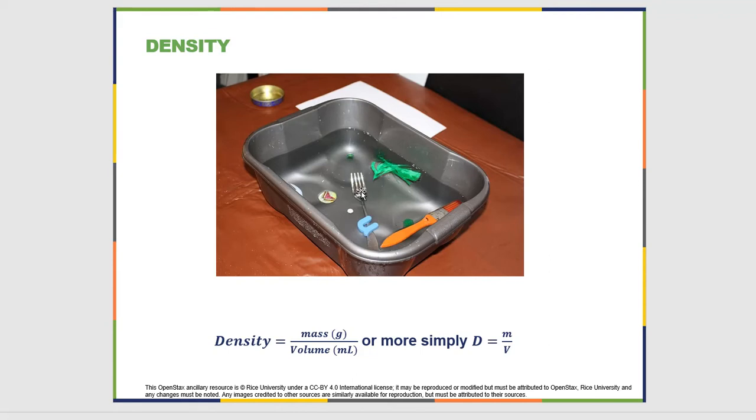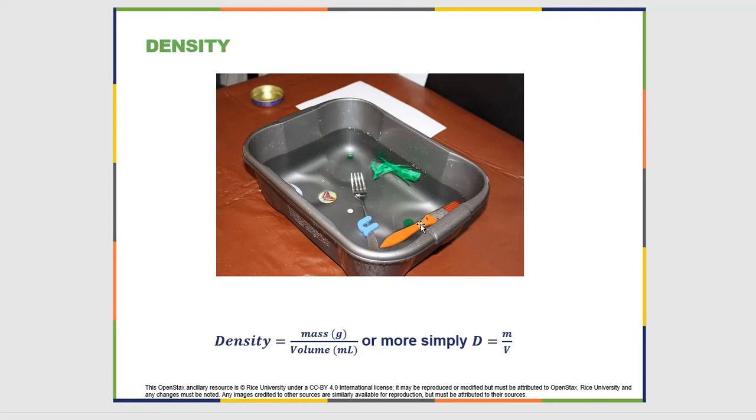Iron is more dense than water, so the fork sinks. This letter U is probably made out of some kind of foam, which is some kind of plastic polymer, a carbon polymer. And it tends to be less dense than water, so this U floats. This paintbrush is made out of several things, one of them being wood. Wood is less dense than water, so this floats.